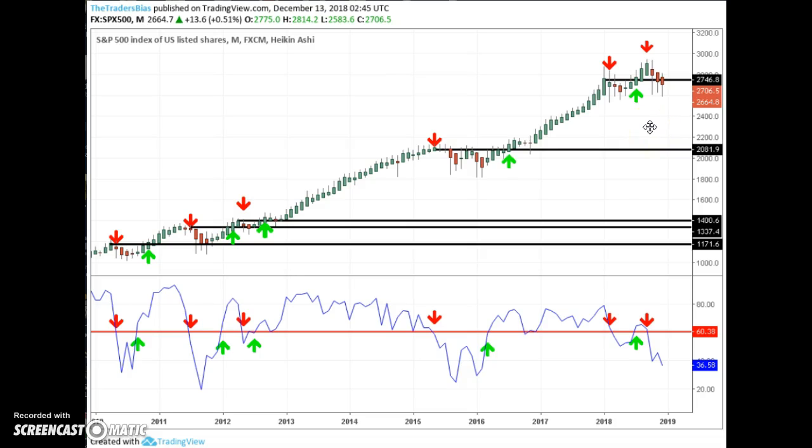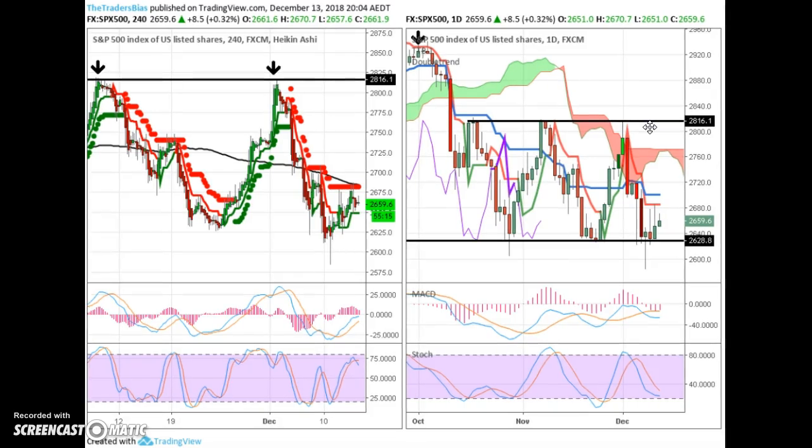But it's certainly looking quite weak. There's certainly no case to be aggressively bullish at this point, that's for sure.